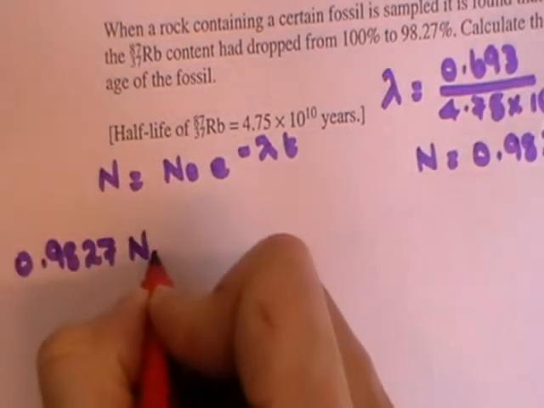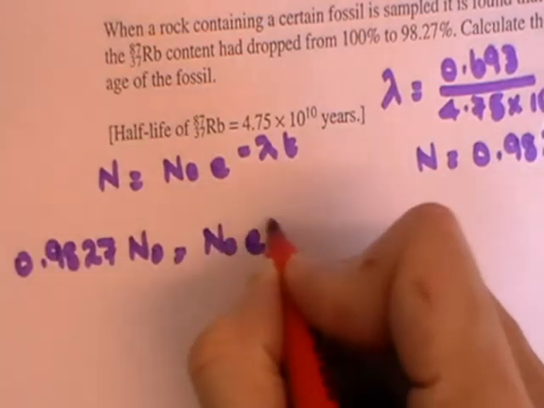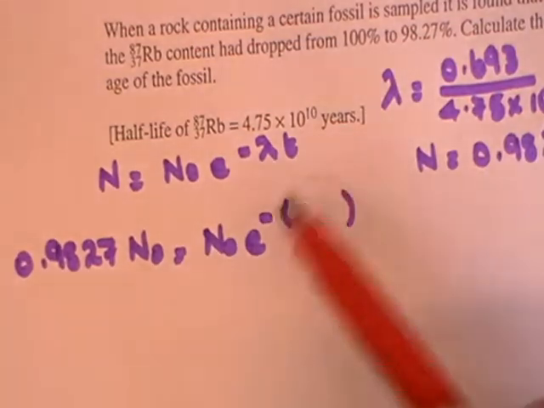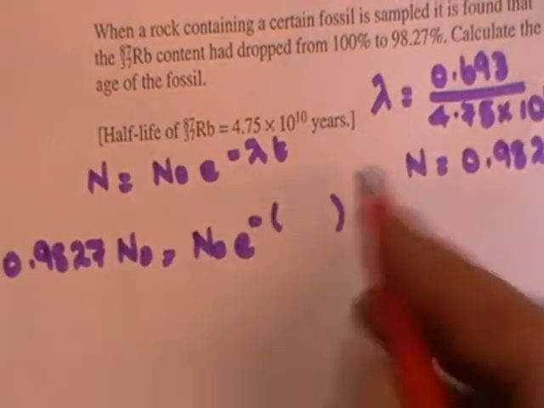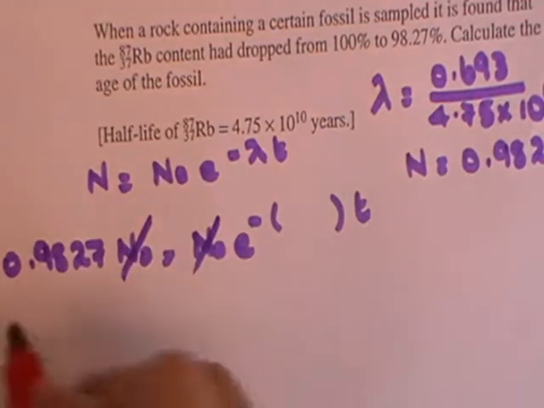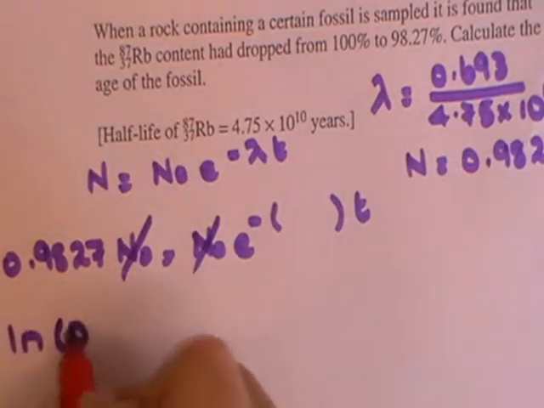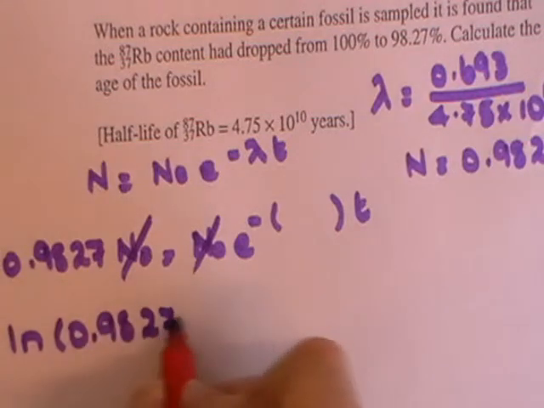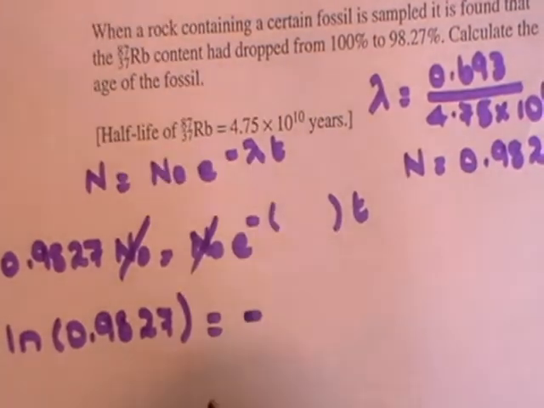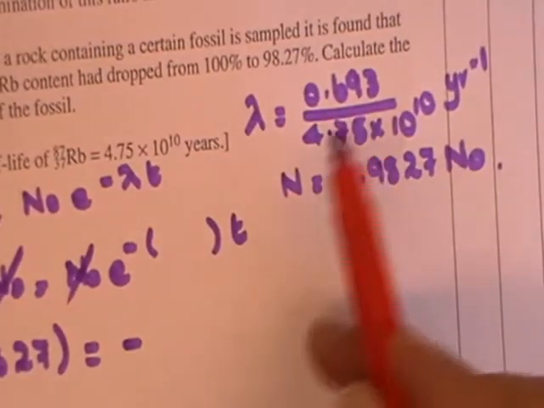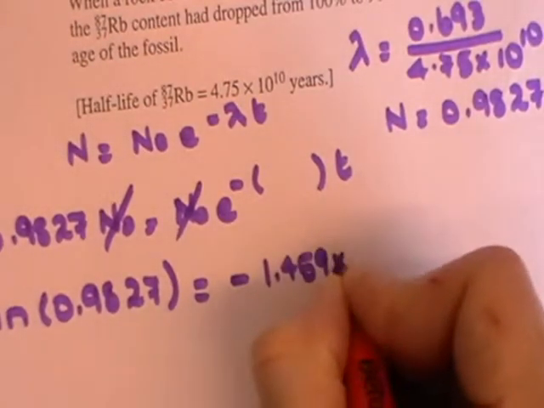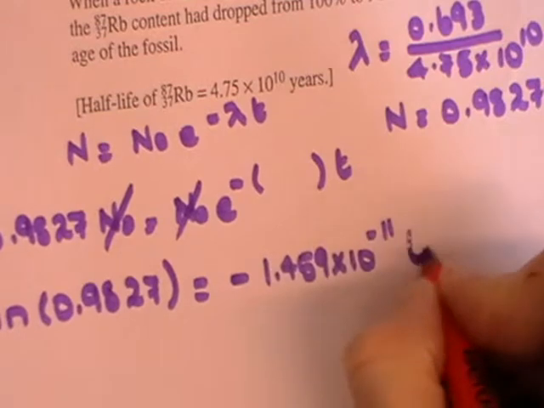0.9827 N naught is equal to N naught e to the minus, and then I'm just going to write a bracket here, and that bracket is that number up here, which I haven't worked out, times t. So then the N naughts cancel out, and if you take log of both sides, you have the log of 0.9827, and that's equal to, you've got rid of the e, and that's equal to minus this number. The lambda number has worked out to be 1.459 by 10 to the minus 11, and that's times the time that we need.